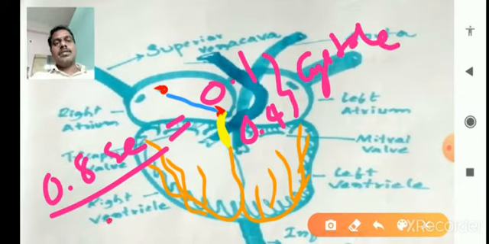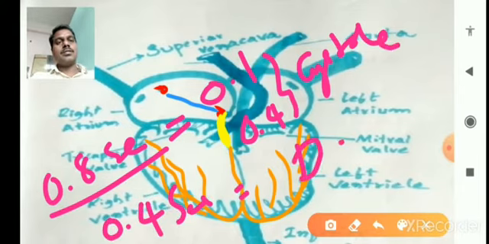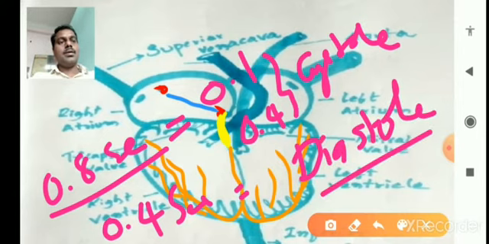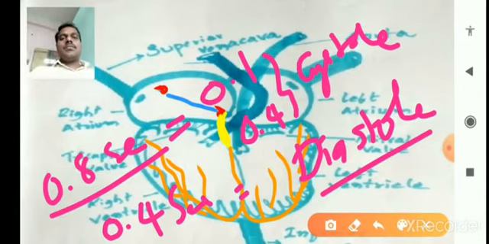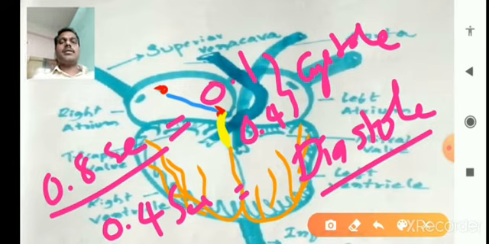And the relaxation takes 0.4 seconds, which we call diastole. Systole and diastole, which means the function of the heart, right? That we call the heartbeat. The systole and diastole together we call a heartbeat.